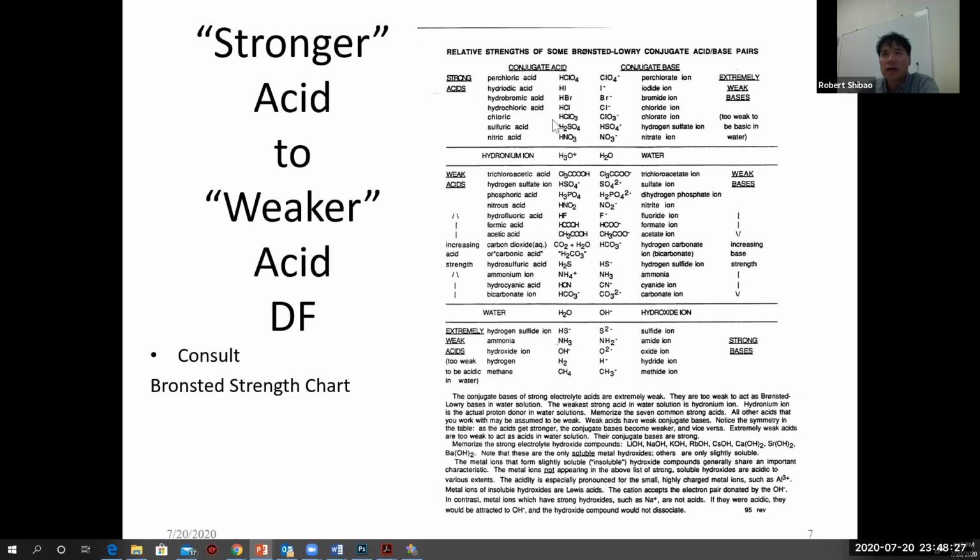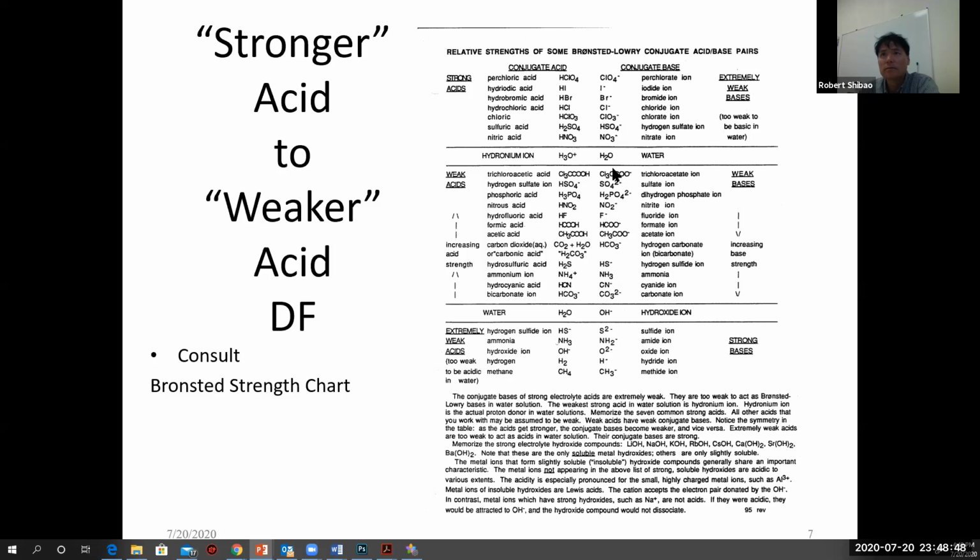And there are other strong acids here that didn't make the list. The other strong acids are a lot rarer, and the superacids are a lot rarer. We don't always work with those. So most people just memorize the 7 common strong acids. Now, all we need is to go from stronger to weaker. That's it. Stronger to weaker.